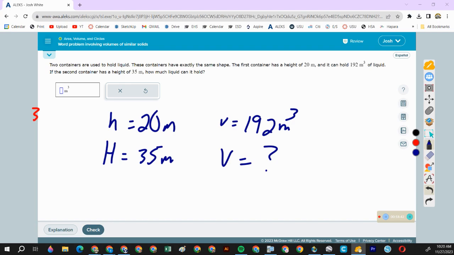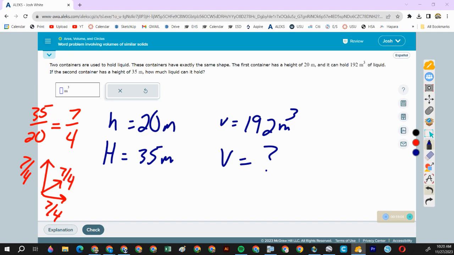Well, 35 over 20 simplifies down to 7 over 4. So that is 7 over 4 in this direction, 7 over 4 in that direction, and 7 over 4 in that direction.